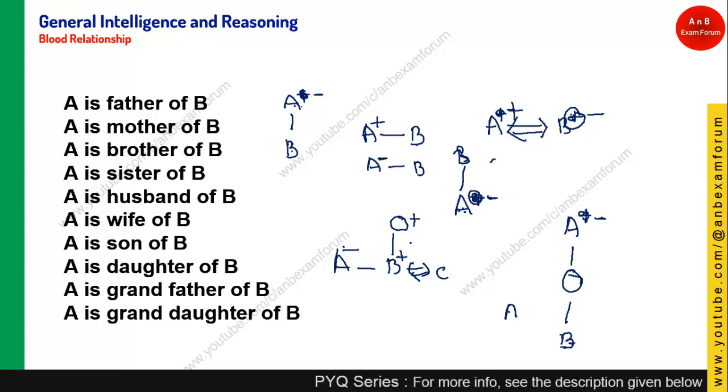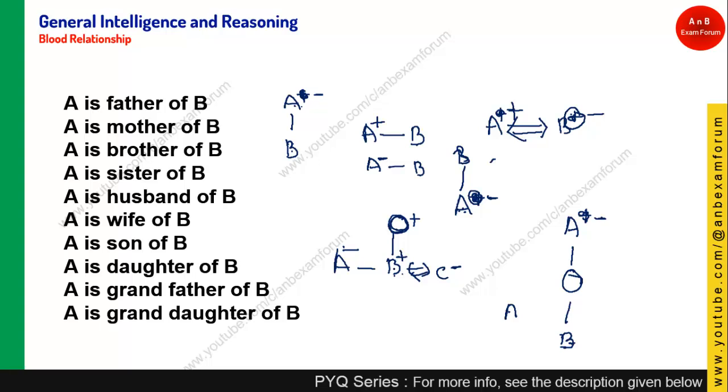So what does this represent? If you see A and B, A is sister, B is brother, and the brother is married to C, so C will become negative. This we have deduced. This is not directly given in the question. After that, we try to see this unknown person, who is male. What is the relationship between this unknown person and B?